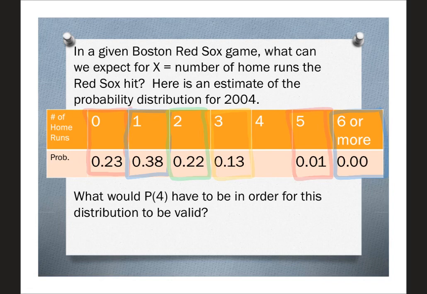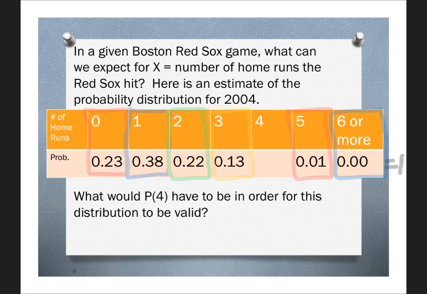Okay, so basically what this question is asking you for is what would P of 4, the probability of 4 home runs, have to be in order for this distribution to be valid? So what I said before was I could have 6 or more, 5, 4, 3, 2, 1, or 0 home runs. That's my set. All the probabilities have to equal 1.